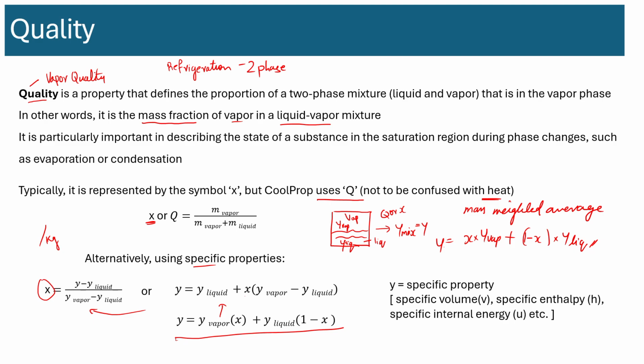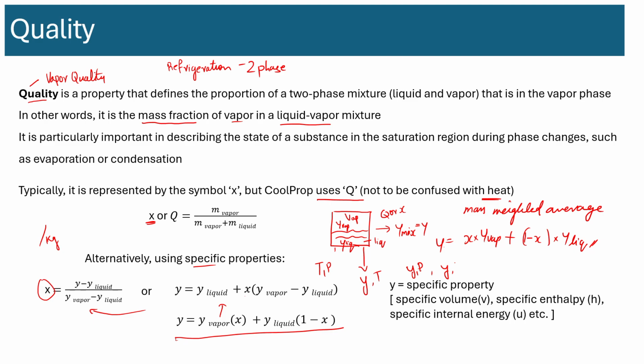Now, to describe the state of the system, you could describe it using this Y value and temperature, Y value and pressure, Y value and any other intensive property, but you cannot describe the state of the system using T and P, as we had discussed before, because for a two-phase system, T and P are not independent.